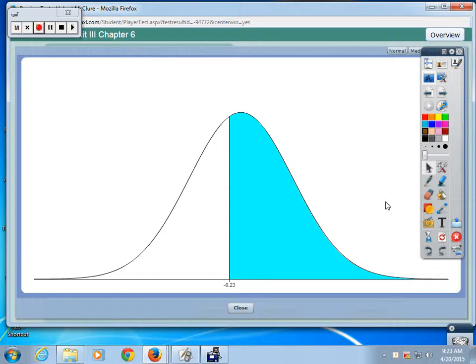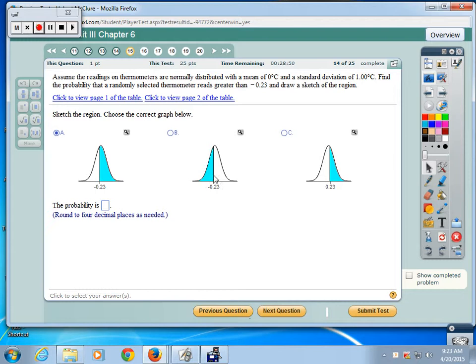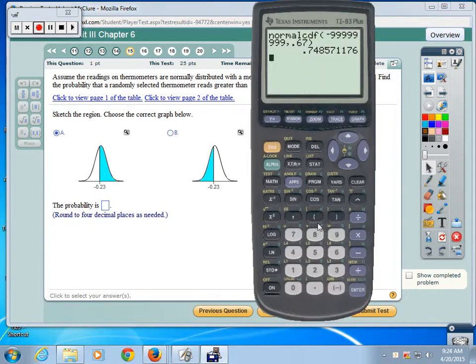If you're using the table, you've got to use the complement. So negative 2.3, or negative 0.23, to infinity. Enter. 0.590 or 0.591.